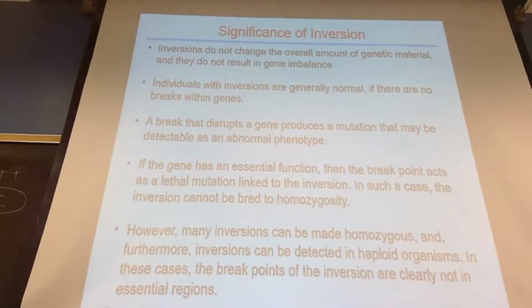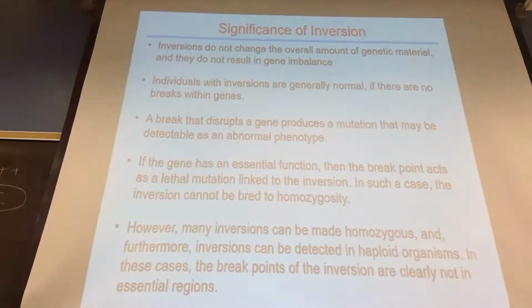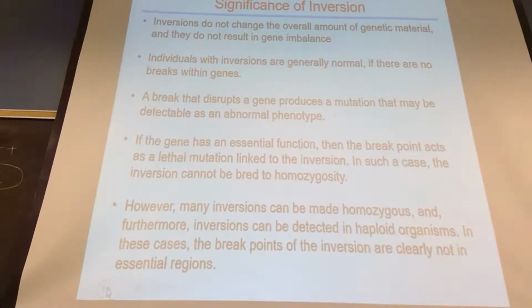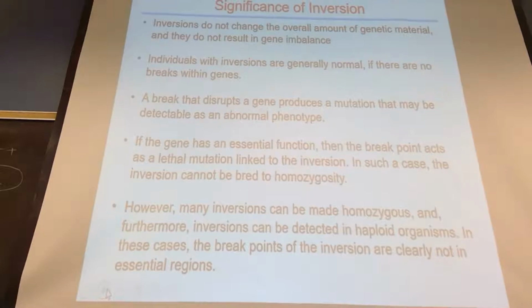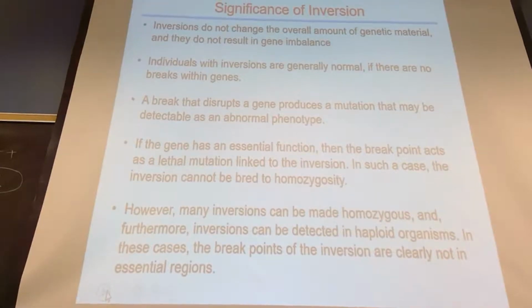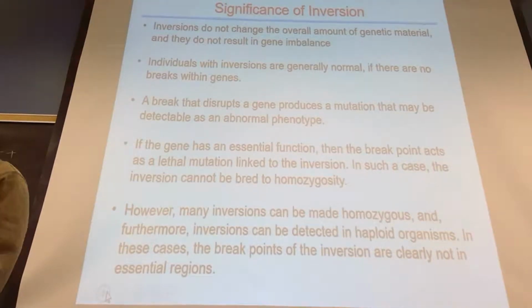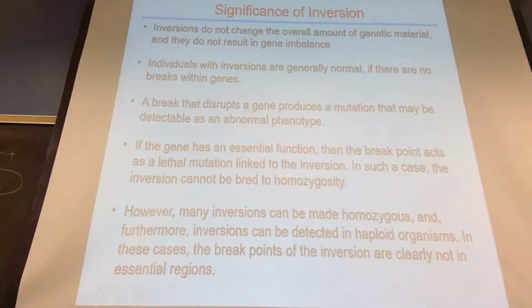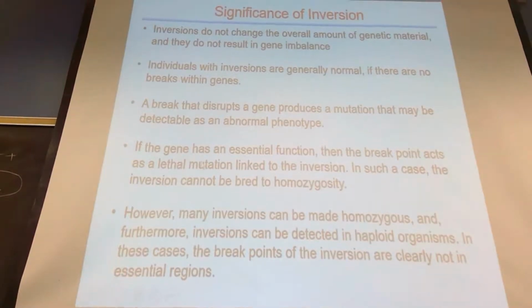So, okay. And if there are no breaks in genes, if a break disrupts the gene products, a mutation may be detectable in the phenotype. If there is some break in the inversion, then we can find the mutation. What is mutation? Something with a different character than the normal. If the gene has an essential function, then the breakpoint acts as a lethal mutation.